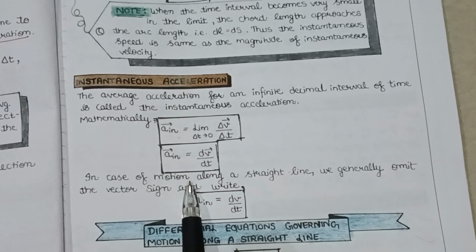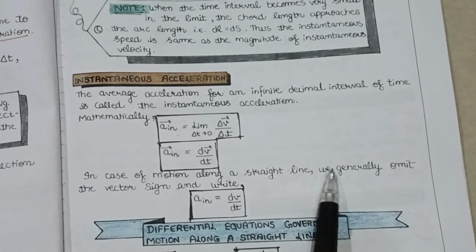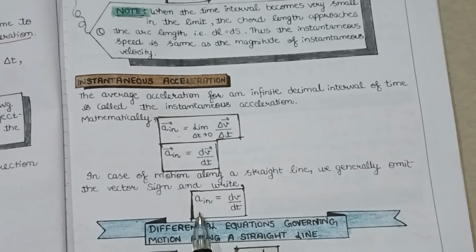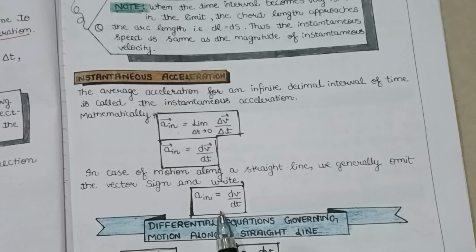In case of motion along a straight line, we generally omit the vector sign and write instantaneous acceleration is equal to dv upon dt.